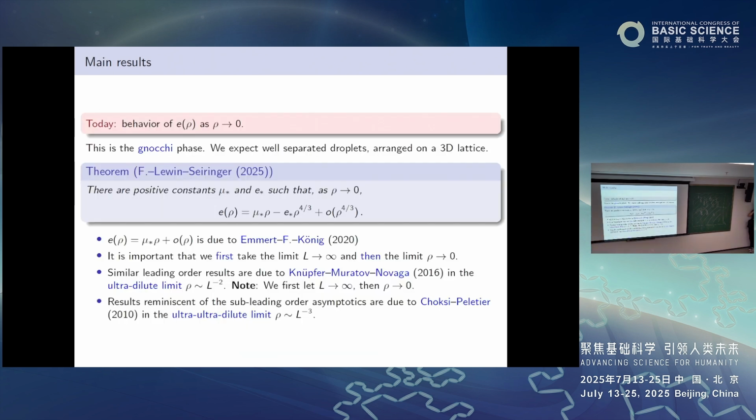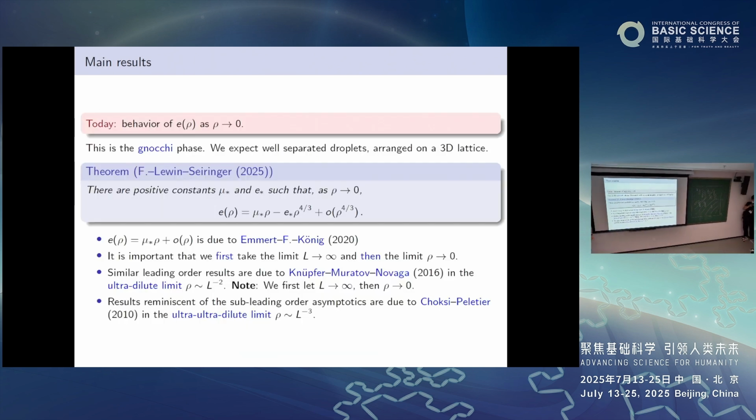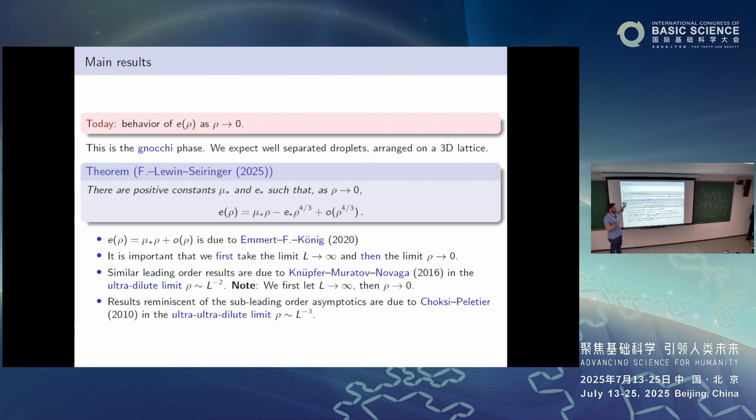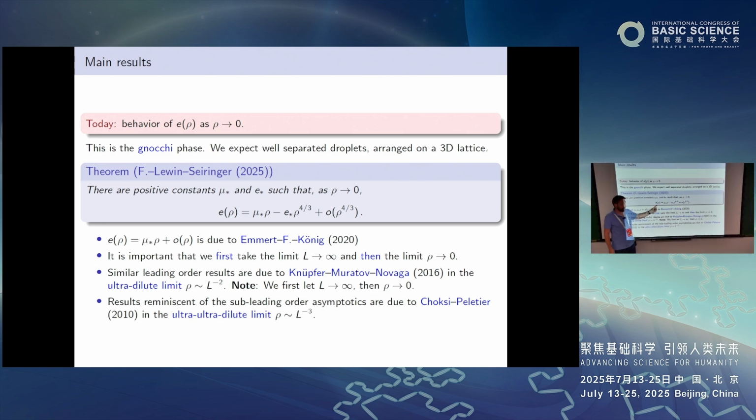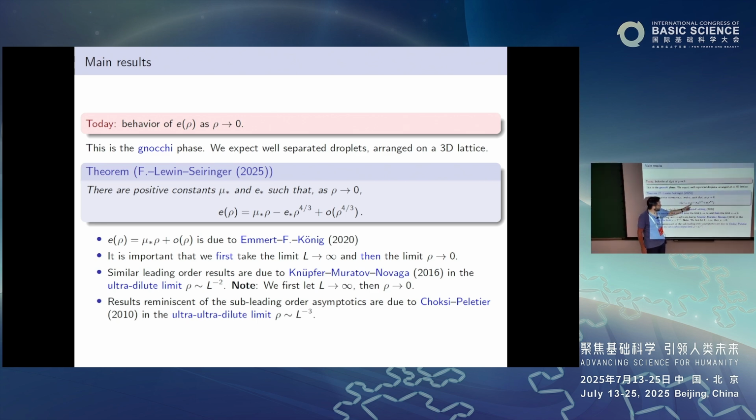Okay, now here's the theorem. It's a new theorem. It's not on the archive yet, but I hope it will be by the end of the week. We've just finished the last things in this write-up. What we get here is a 2-term asymptotic of this energy. So it scales linearly with rho.